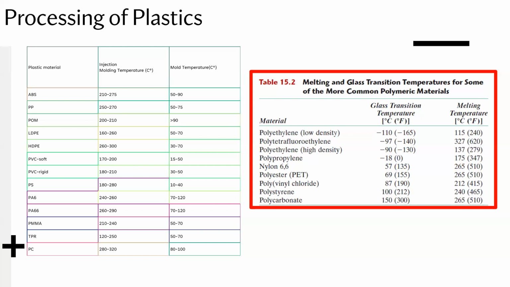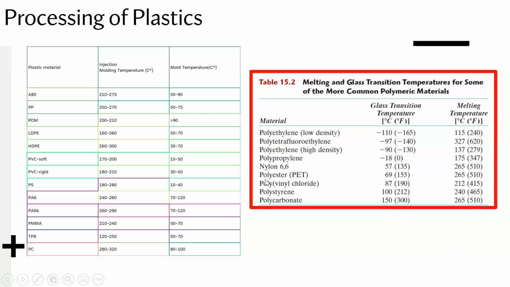Now, if you look at a couple of these common ones, so polypropylene, the glass transition is negative. So actually at room temperature, it's got a ductile form. And the other ones here, a lot of them have a glass transition temperature that's rather high. So at room temperature, these are actually quite brittle.